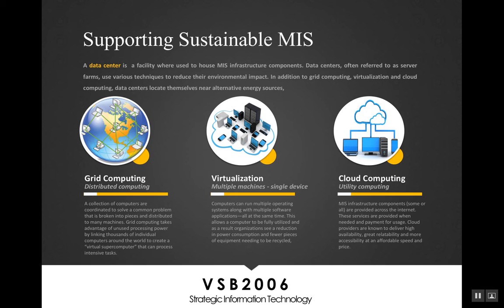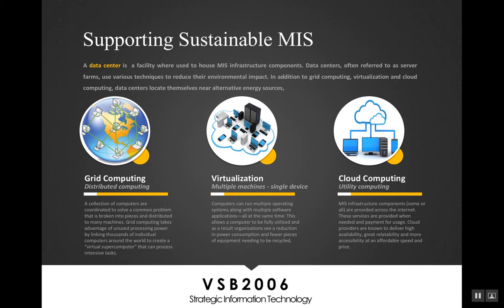So we talk about this idea of a sustainable MIS, and the evolution of data centers. Data centers used to be internal organizations. Every company had their own data center, or maybe more than one, where they would store all their computers. Now we're seeing more and more external data centers.